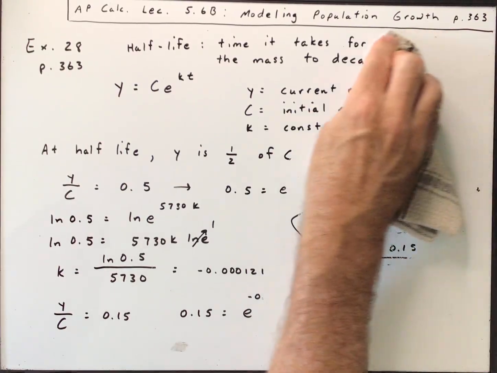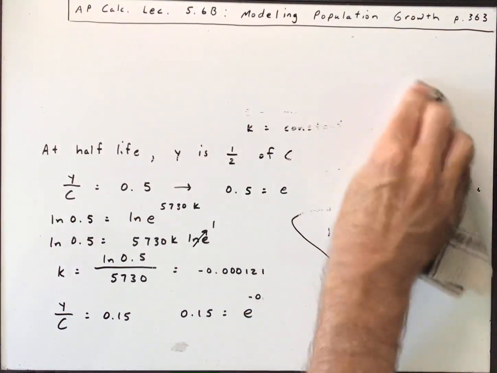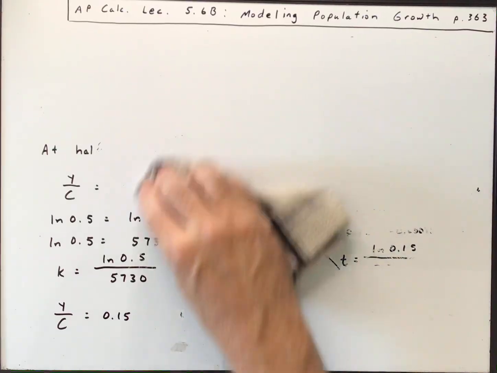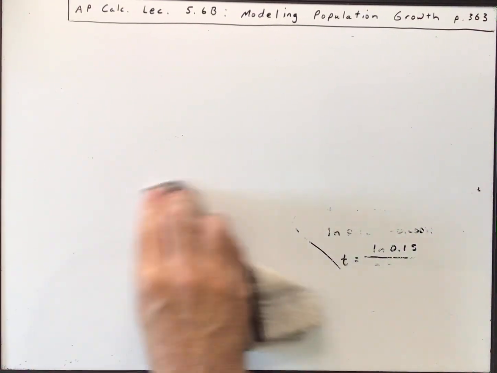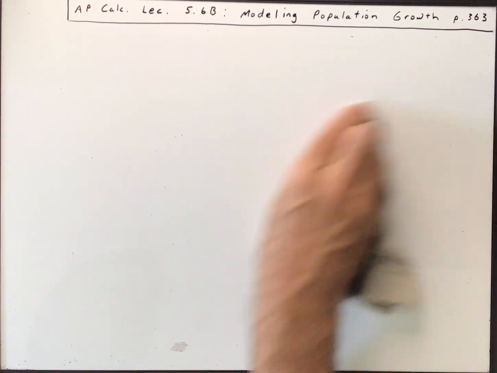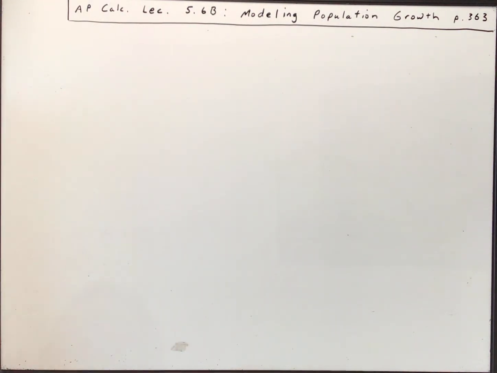So let's use this type of problem solving to work some problems involving money, compounding interest. All right, so our next example from the book is example 30 on page 364.